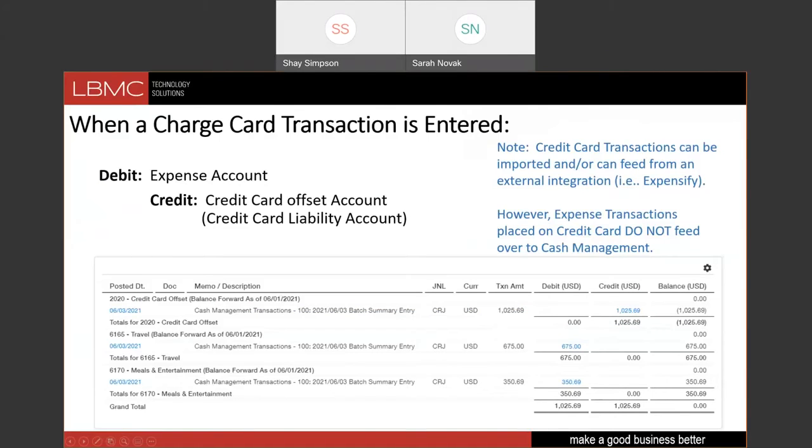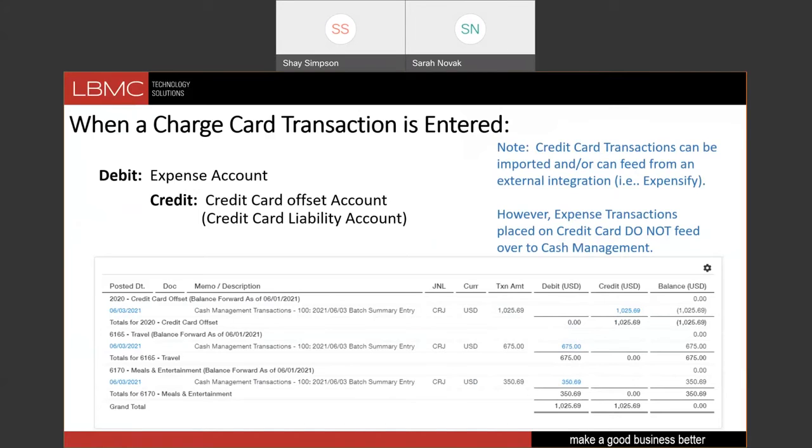Now, note that credit card transactions can be imported or they can feed from an external integration, i.e. Expensify. However, expense transactions placed on a credit card do not feed over to cash management. Let me explain that.